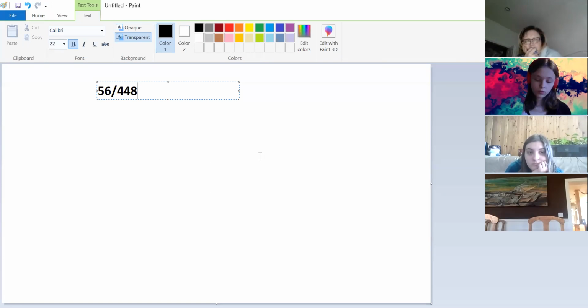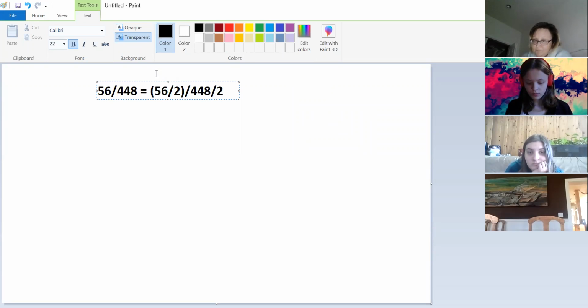So I would take 56 divided by 2. If I divide the top by 2, I can do the same thing with the bottom. That's the beauty of math. That's how you keep a balanced expression. You do something to the top, you do the same thing to the bottom, it doesn't change it, okay?